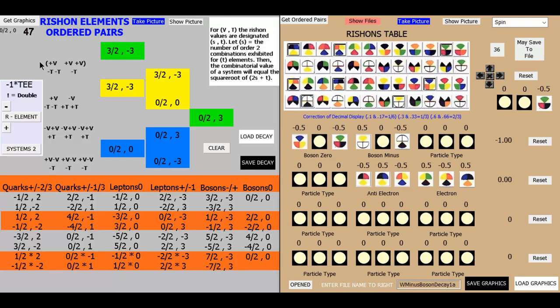We can see on the top we have a +1, 2, 3 V, which gives us a 3 of the S 3/2, and on the bottom we have a -1, 2, 3, which gives us the -3 of the T component. We can see that graphically here.